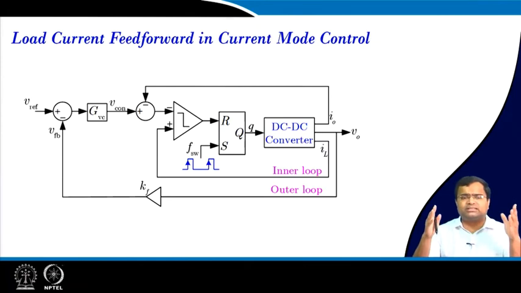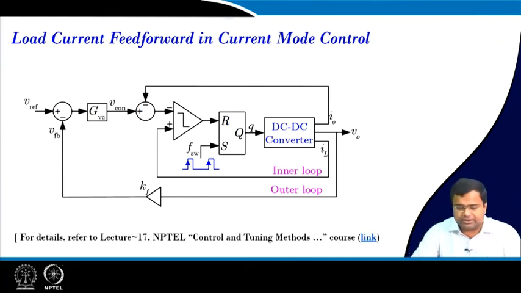Similarly, we have also discussed load current feed forward in current mode control, which can make the output impedance behave like a resistive droop, and you can actually have an ultra fast transient, and suitable design can lead to time optimal recovery. This we also discussed in lecture number 17, the load current feed forward methodology.